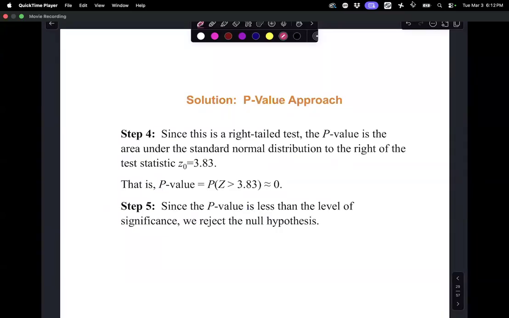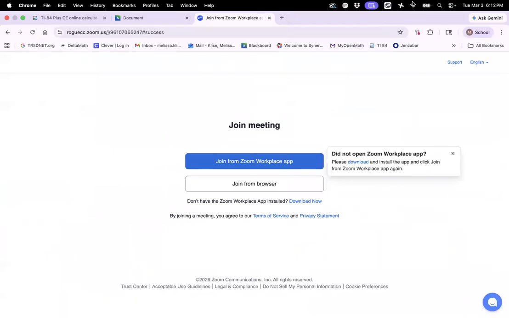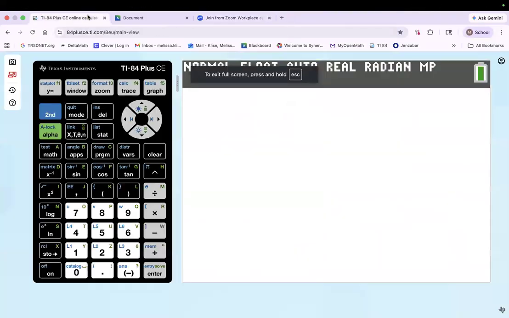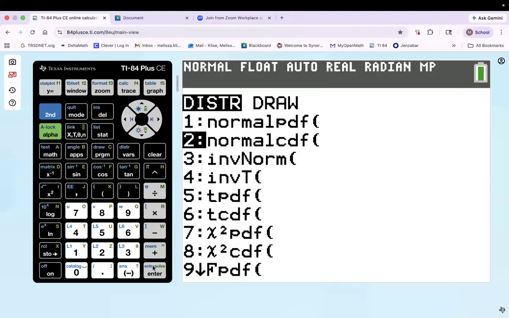So I'm going to show you. This is basically if I was going to use the Z table. Just a second here, I'm going to jump to my calculator. This is not what we're going to do, but I'm going to show you how you can calculate that probability. Remember a long, long time ago when we used normal CDF?